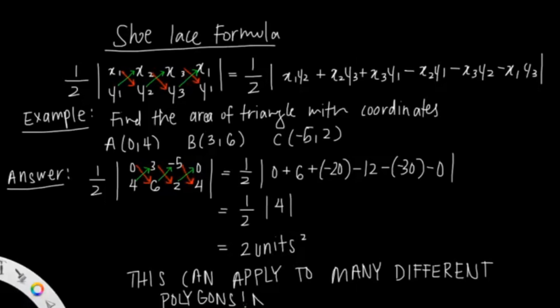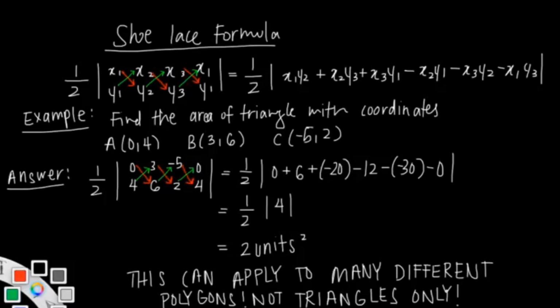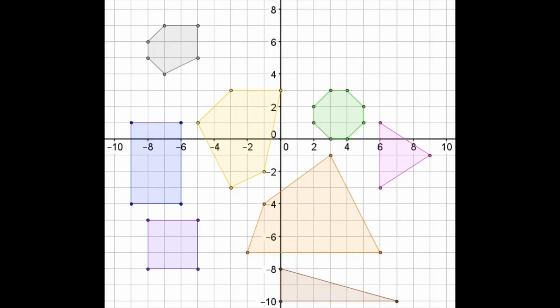So you can have more than 3 coordinates, you can have 10 coordinates, but always remember that you start and finish your equation with the same coordinates. So you can see how I started with x1 and y1 and finished it with x1 and y1. These are some examples of areas that you can find using this formula.